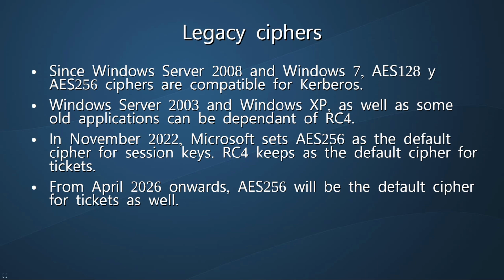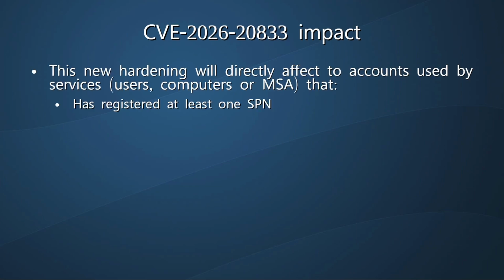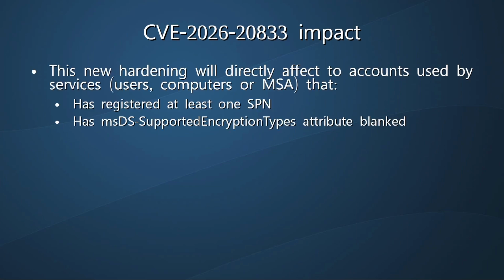This hardening only affects service accounts that do not have their supported encryption types defined manually on the account itself. When we are talking about service accounts, we mean any user, computer, or MSA account that has at least one SPN.